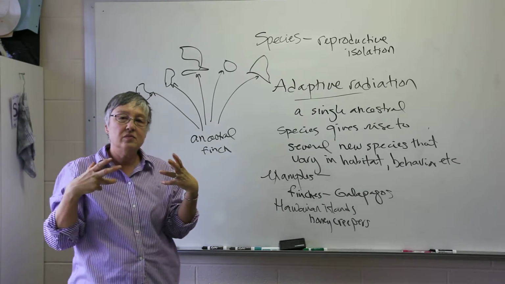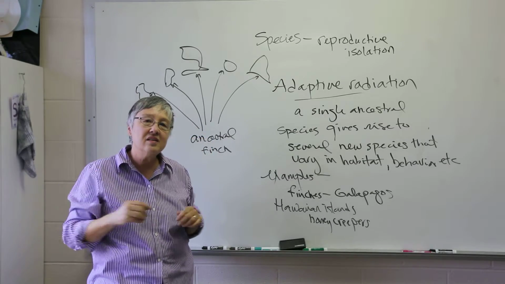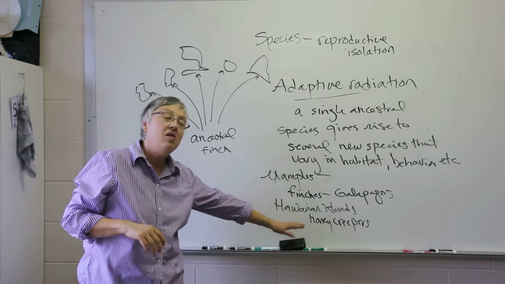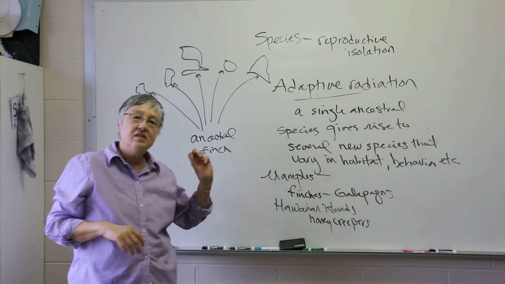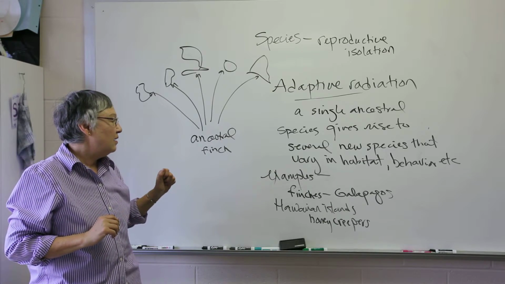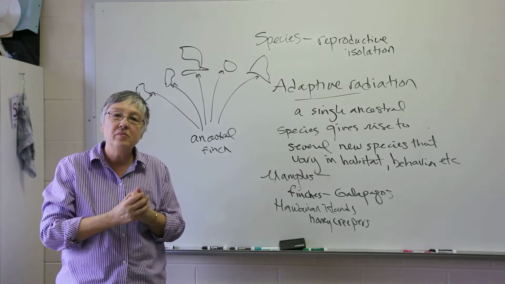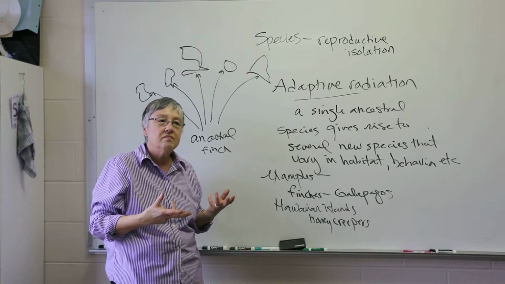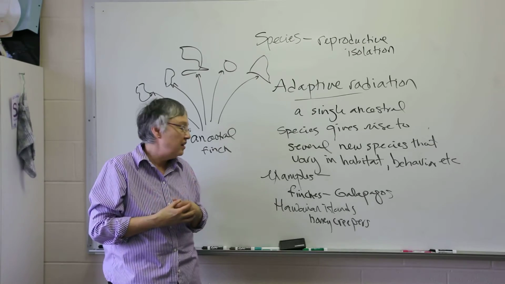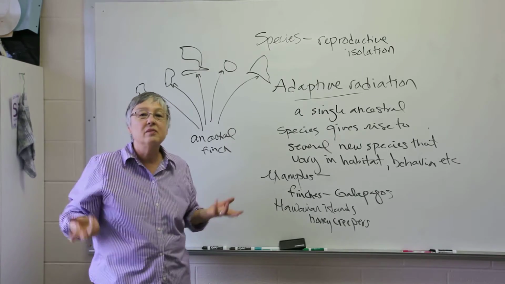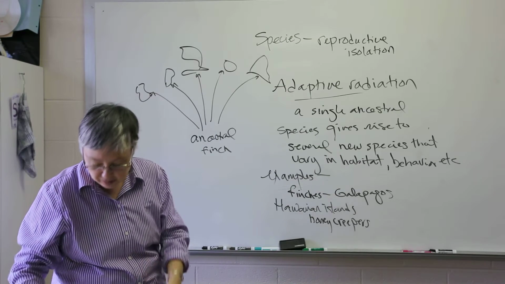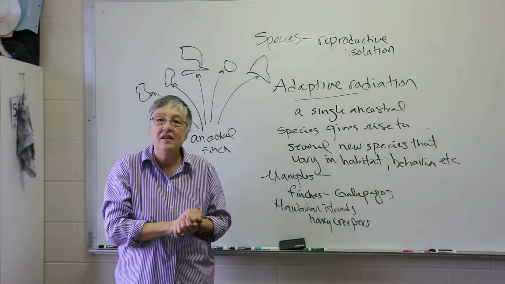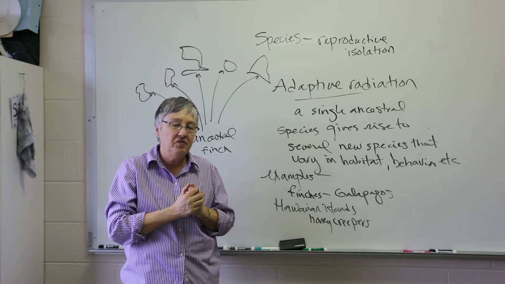Some of them are specific to certain islands in Hawaii, and it's believed that they are derived from a single ancestral species that ended up there because of a storm or whatever, and ultimately reproduced and gave rise to many subgroups that then became separate species. Okay, I'm going to stop there. This is pretty much the end of 15.1.